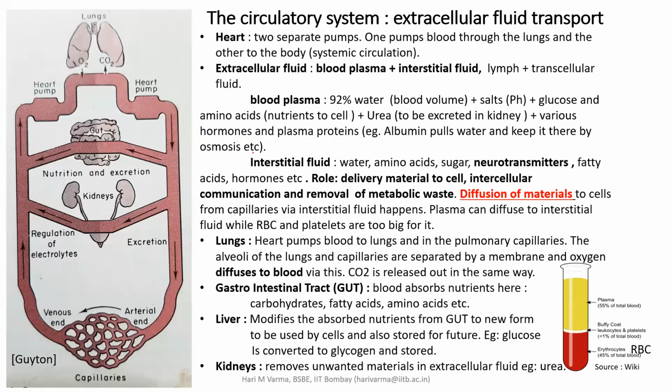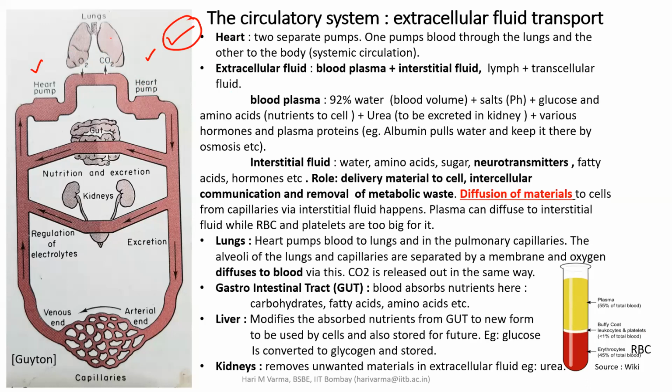If you go to this particular picture here, you can see the circulation system. The heart has two pumps, left and right, right? The heart will pump blood to the lungs to get it oxygenated. When the heart pumps the blood to the lungs, the blood gets oxygen from what we have inhaled.